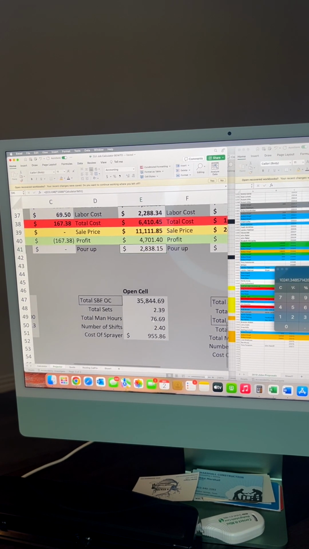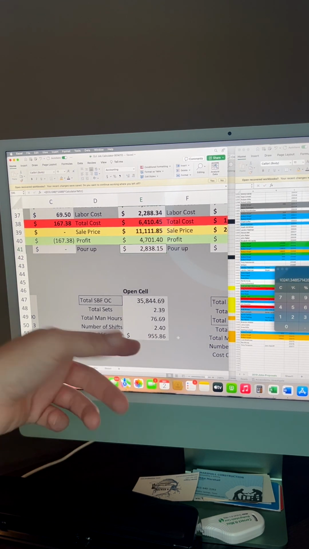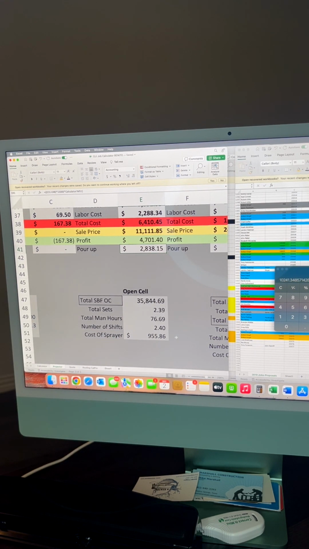So now we can see our total cost of the sprayer and how many shifts. This is estimating 2.5 days. On this house I would give 3 days, because the prep and the cleanup will take a little bit of time. Really most of the foam is going on the roof, so you could knock it out pretty quick.